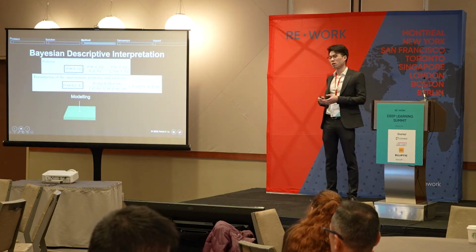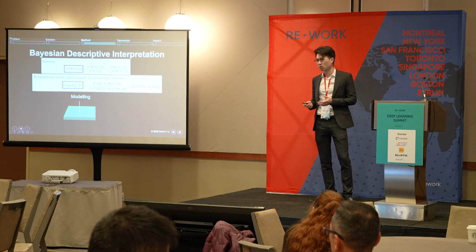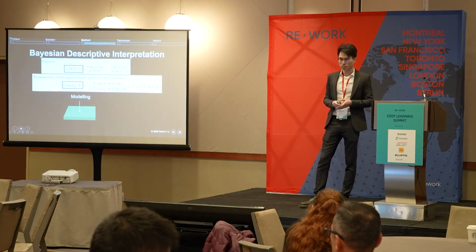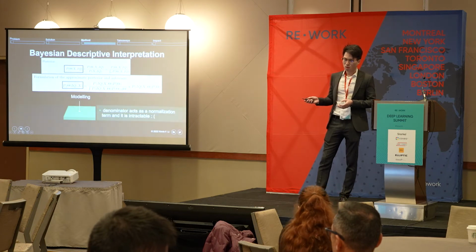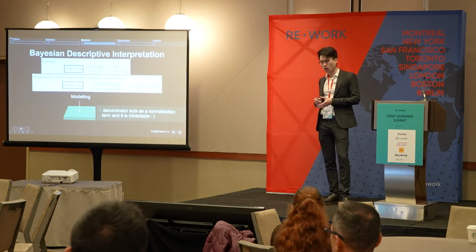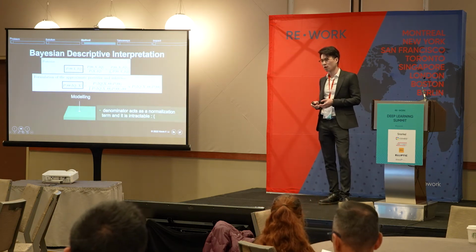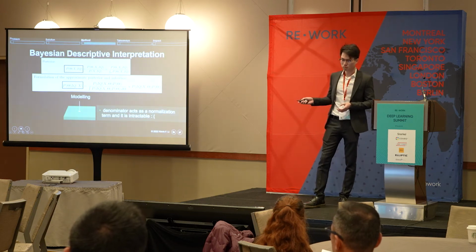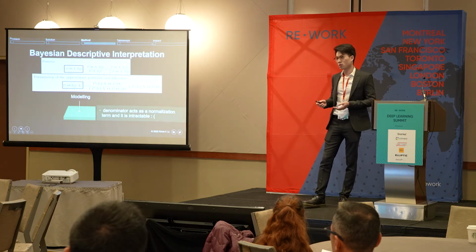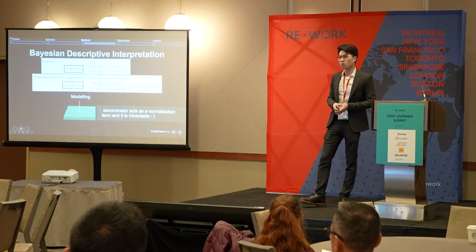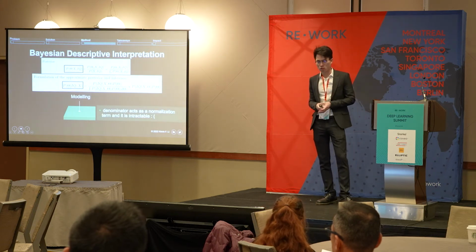By Bayes' rule, the posterior can be expanded into two terms, a numerator term and a denominator normalization term. However, the denominator acts as a normalization term and it is intractable. Basically, we cannot solve it computationally. So if we can find a way to put this intractable term inside an expectation function, this integration can just magically disappear.